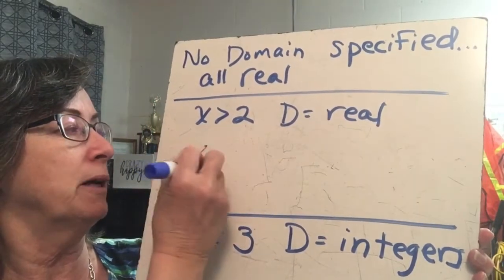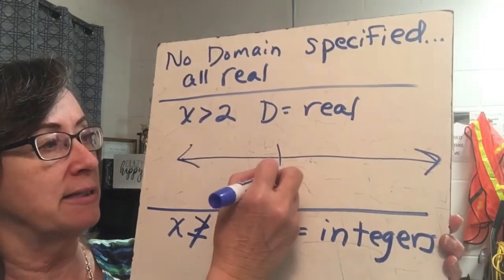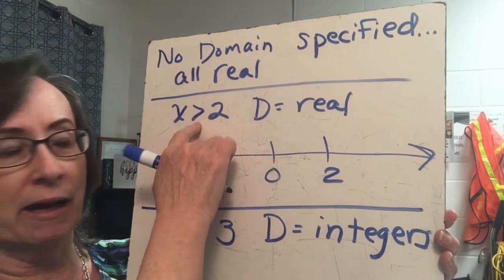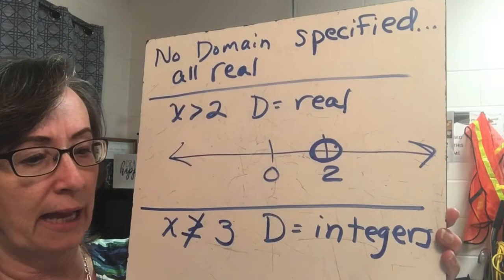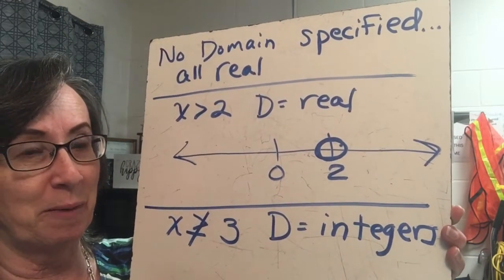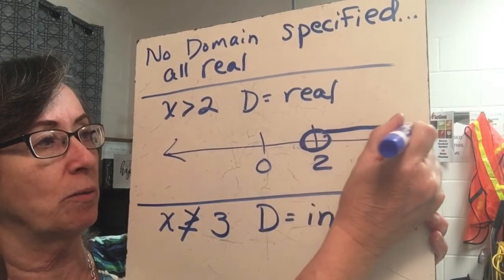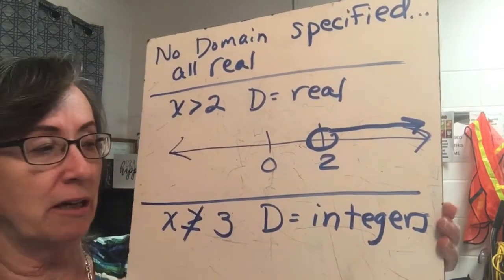Real numbers belong on a real number line, here's 0, and here's 2. Since x is greater than 2, we put an open circle on 2, meaning 2 cannot be part of the domain, but anything greater than 2 could be, so we go to the right. That graphs x is greater than 2.